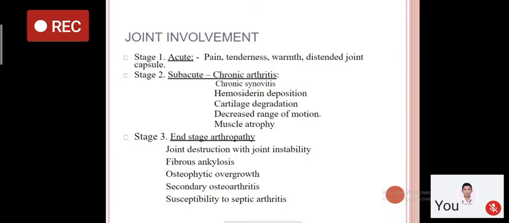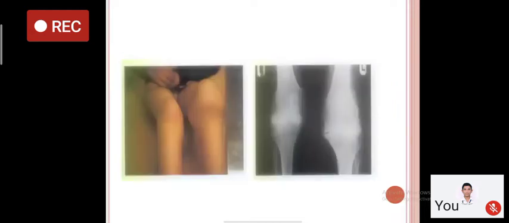The third stage develops once there are recurrent bleeds in a particular joint, ultimately destroying the joint architecture and leading to joint destruction and joint instability, finally leading to either fibrous or bony ankylosis and secondary osteoarthritis.